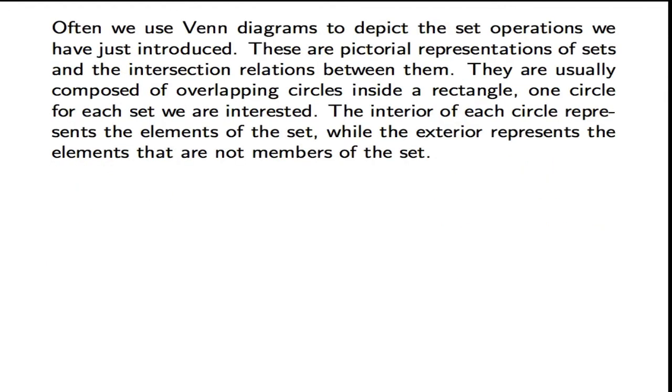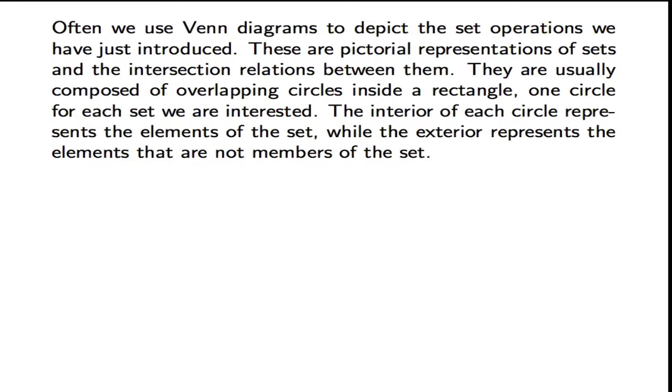So often we use Venn diagrams to depict these set operations we have just introduced. So what are these Venn diagrams? They are pictorial representations of sets and the various intersection relations between them. They are usually composed of overlapping circles inside a rectangle, with one circle for each set we are interested in.